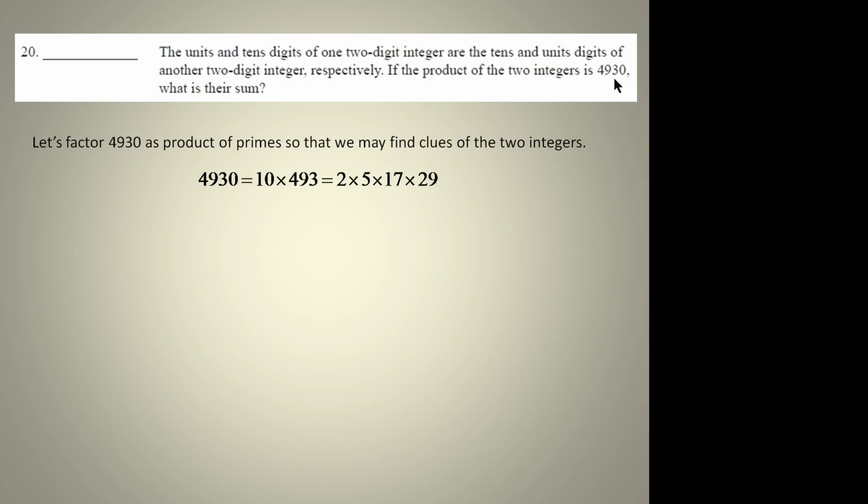Because the product of two numbers is this, we'll factor it. An easy one is 10 times this, and 10 is 2 times 5, but that leaves 493. It looks like it's pretty big. It's not divisible by 2 or 5 or even 3, because when you add the digits together, it's not a multiple of 3.